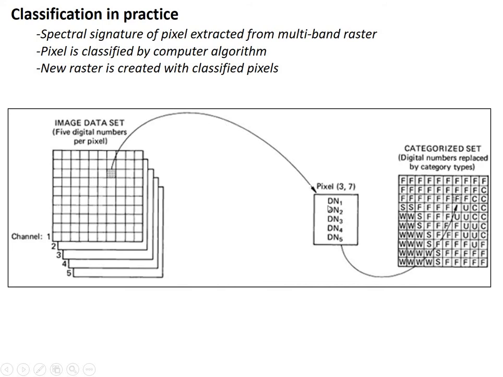That would be 5 different numbers, a number for band 1, a number for band 2, 3, 4, and 5, and so on, right? And then we're going to categorize, classify that spectral signature, and assign one class to that pixel. In this case, it was assigned to be forest, or F, whereas other pixels were assigned to be corn, or urban, and so on and so forth.